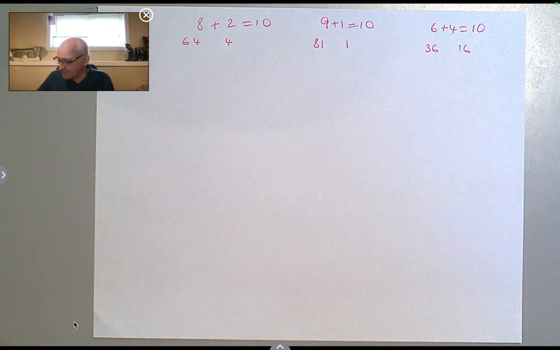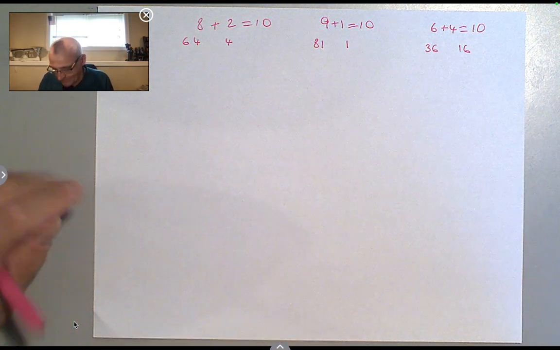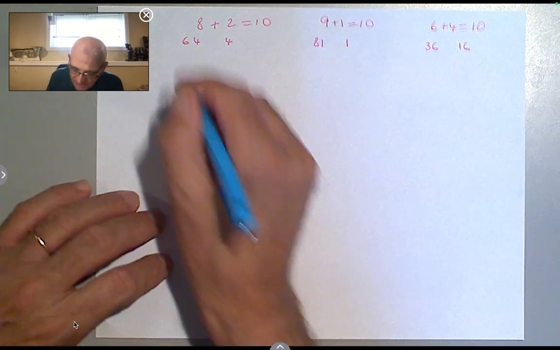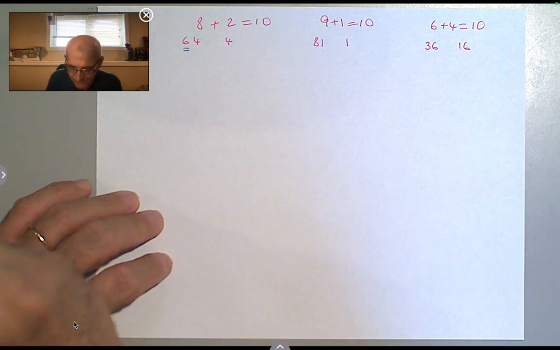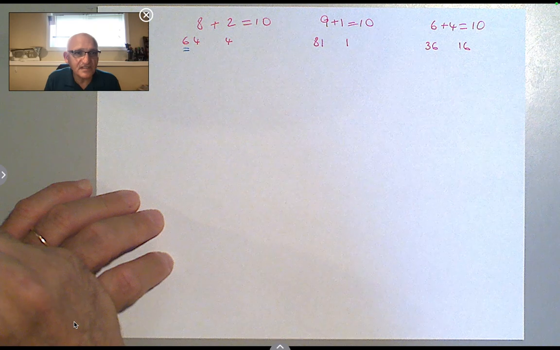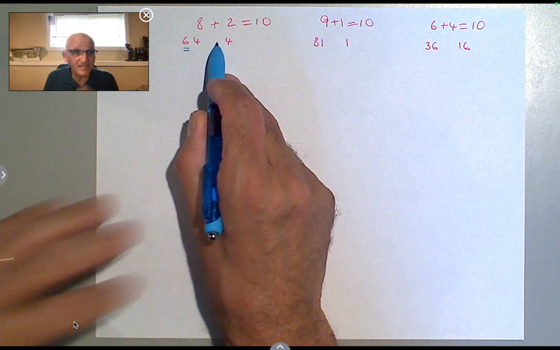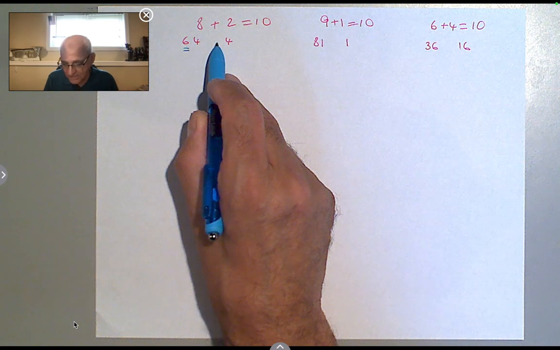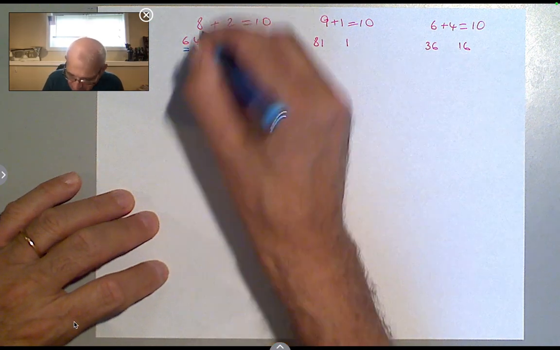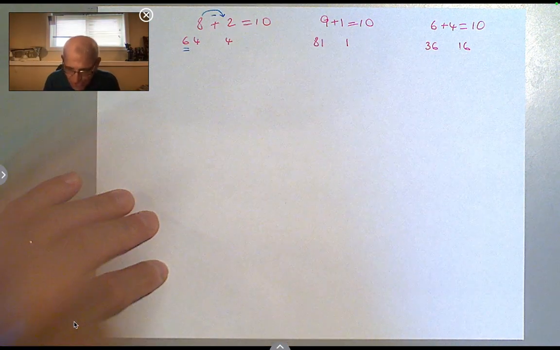The second observation, which is a little more important, is the difference between the two tens digits. Notice the tens digit here is 0, right? There is no tens digit. So that difference is 8 minus 2.